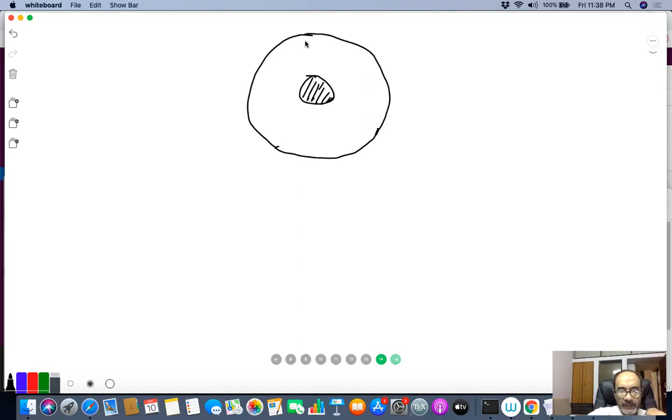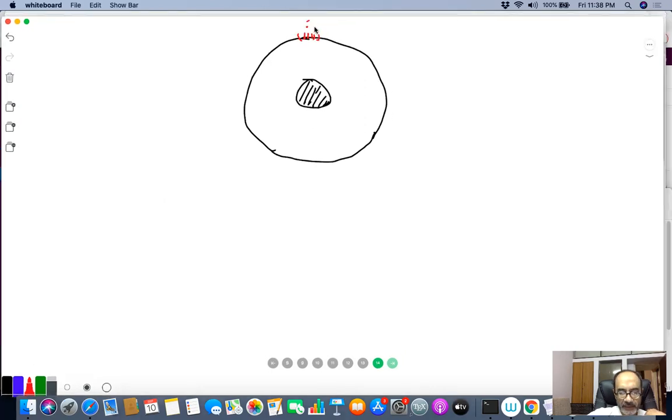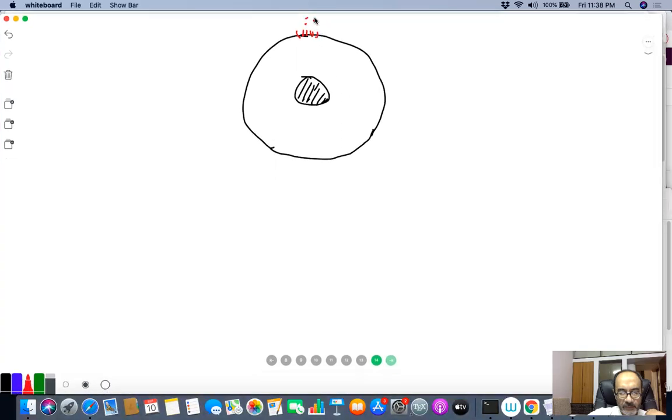Now consider a small region in the boundary, R. Then the minimal surface is this one. It will be close to the boundary, and we'll see that the minimal surface is the area.